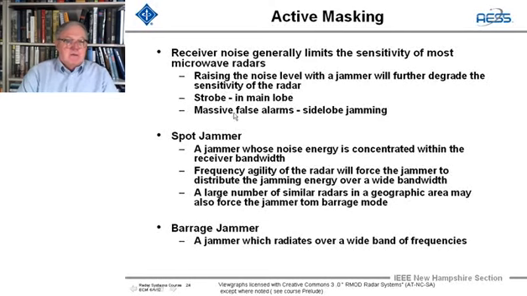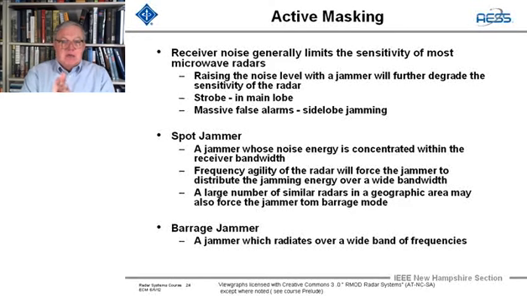And it will also give massive false alarms in the side lobes, if the side lobes are high. So when you have a jamming environment, you want really low side lobes. And spot jammers are jammers whose noise energy is concentrated within the receiver's bandwidth.